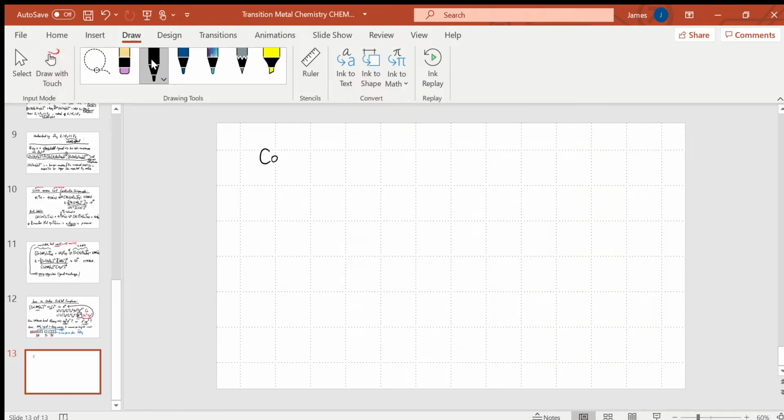So we've just seen that a cobalt hexaammine ion is an inner orbital complex, d2sp3.